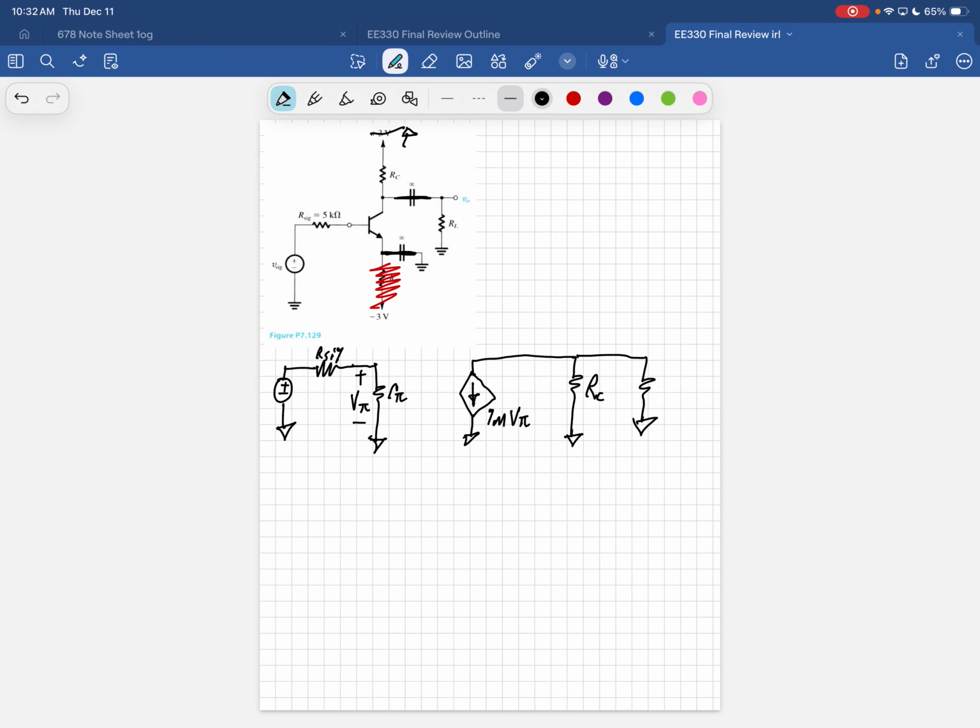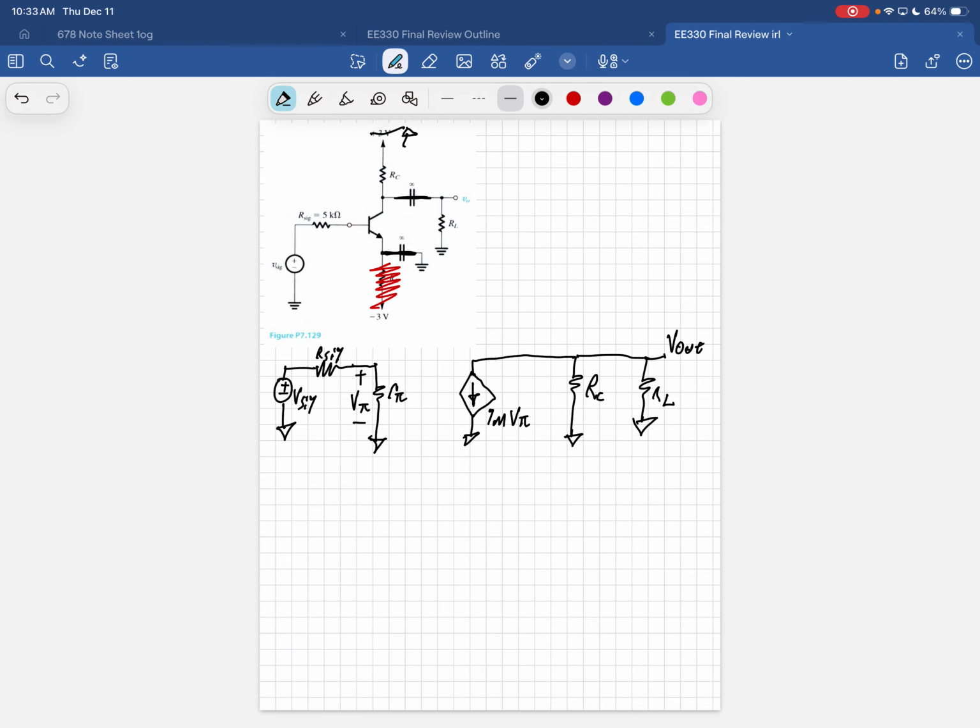You can't solve for it here, we don't have all the information. And thankfully they just give us V out.